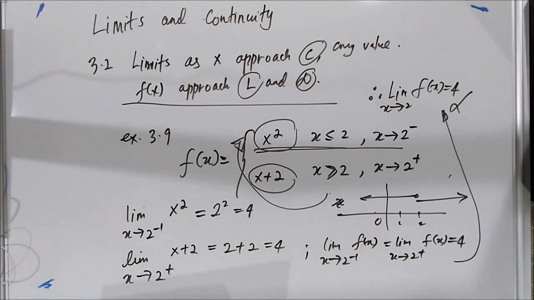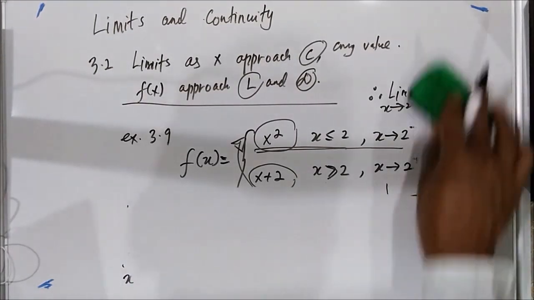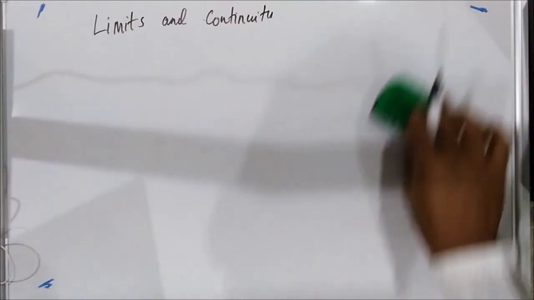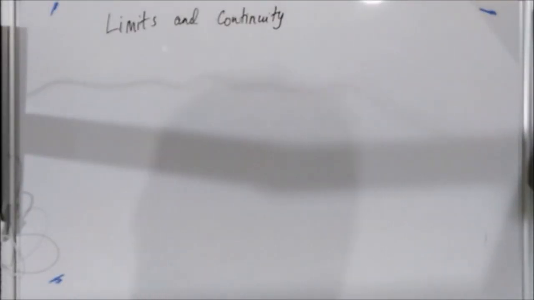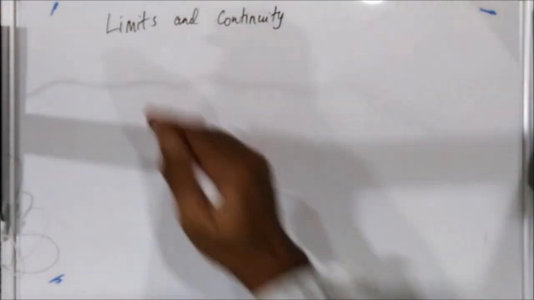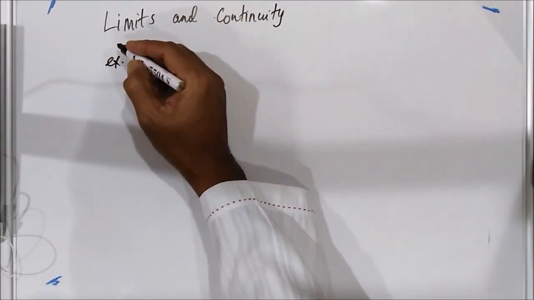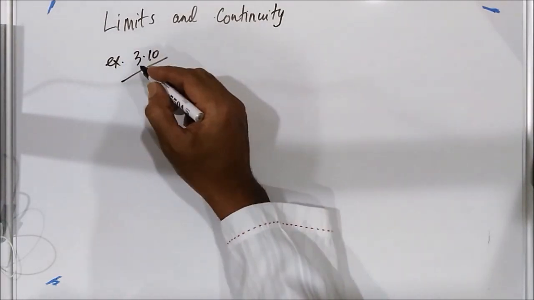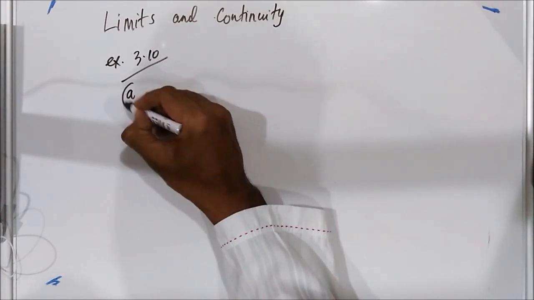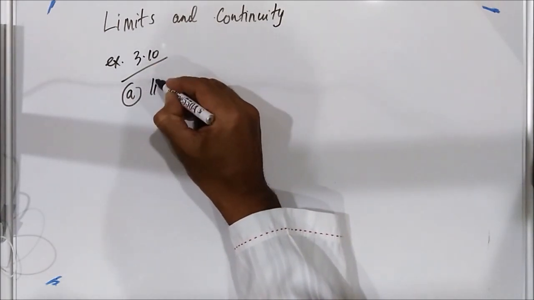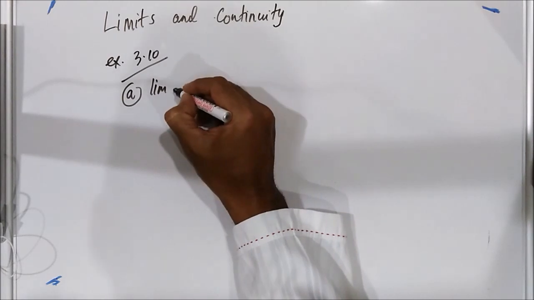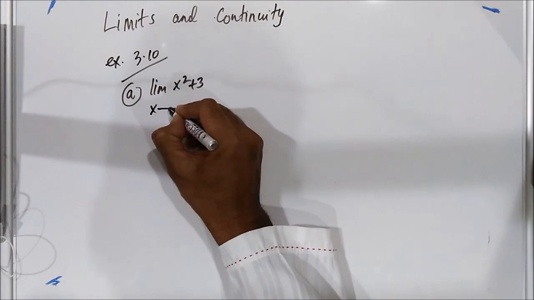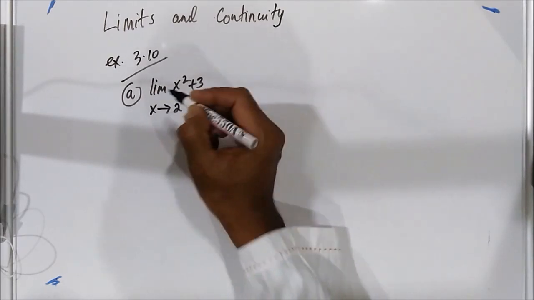Now look at example 3.10. I want to find the limit of x raised to 2 plus 3 as x approaches 2.